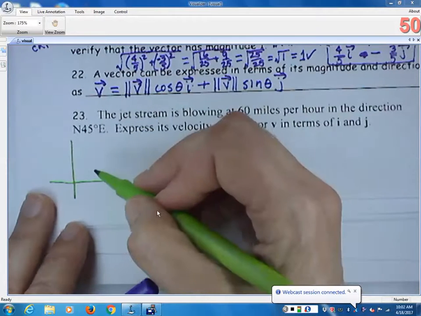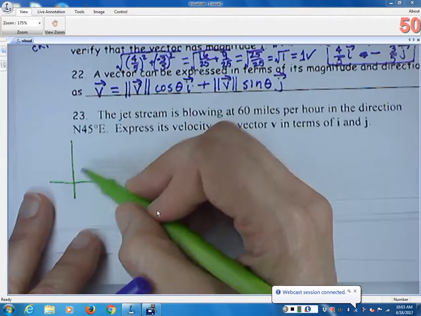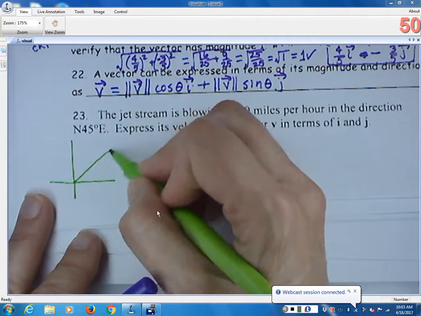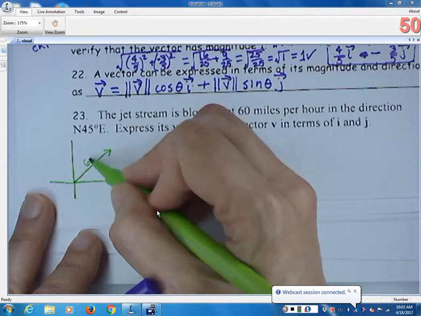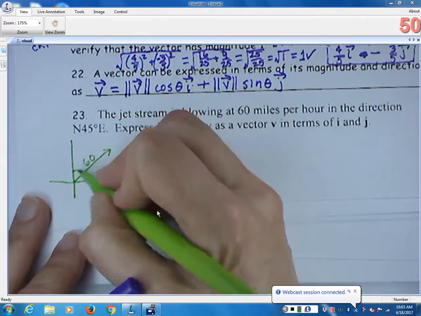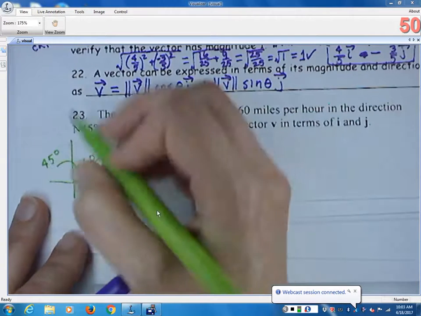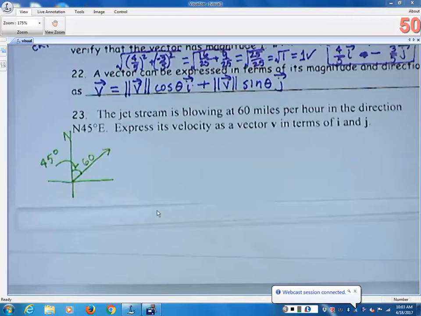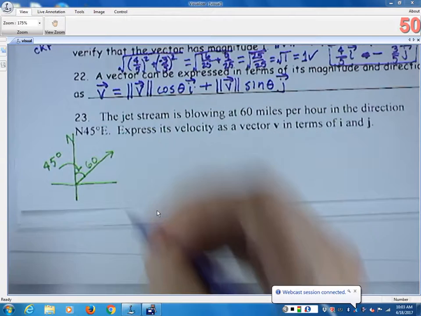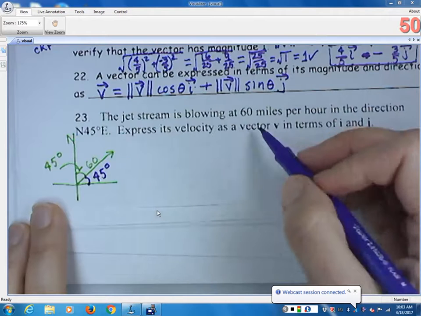It's blowing at 60 miles an hour, so this is 60, and it's 45 degrees east of north. That's what we've got. So there's our vector. Well then, if this is 45, then this is also 45. And so we got that angle.